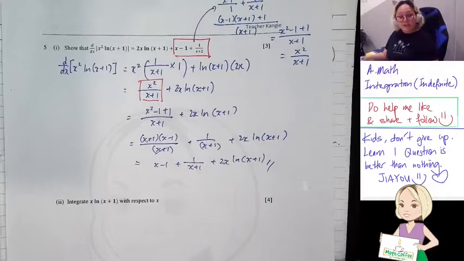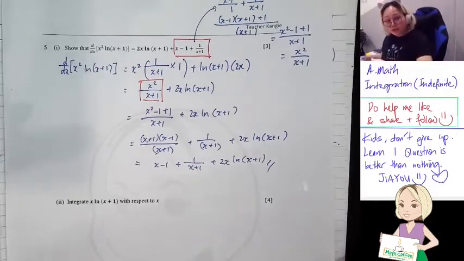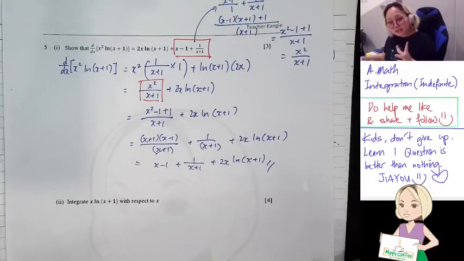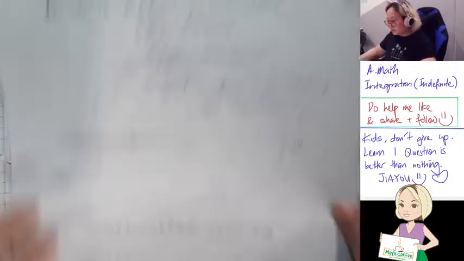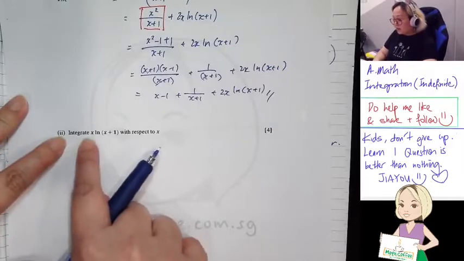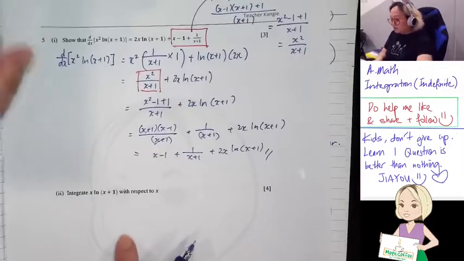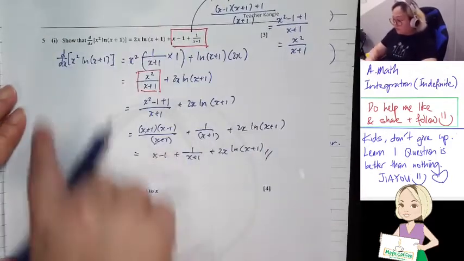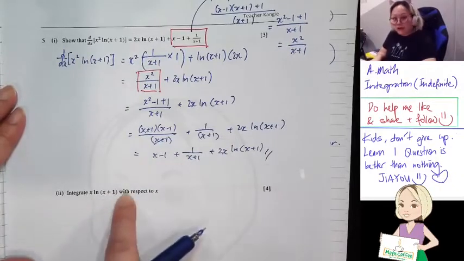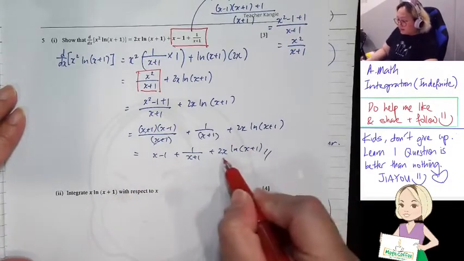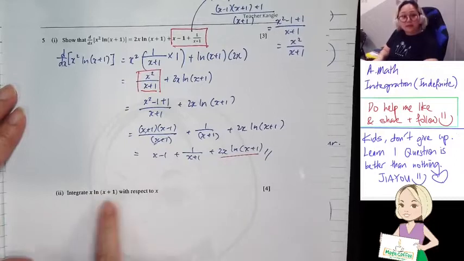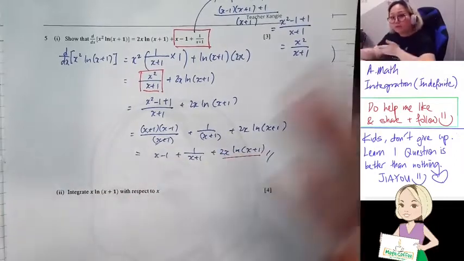You may ask me, why are we doing this differentiation when we are doing integration? Like I said, a lot of times we have to make use of the differentiation to do our integration. So let's take a look at this one. Integrate x ln(x plus 1). Look at the question and find whether you can see x ln(x plus 1). And it is here. Remember, we need to write the reverse.